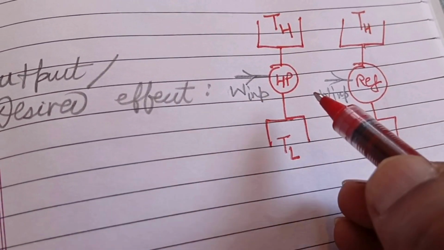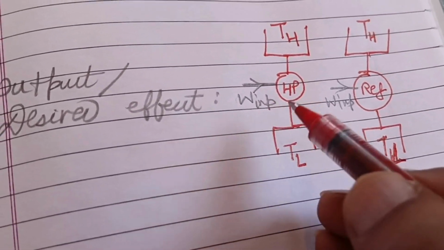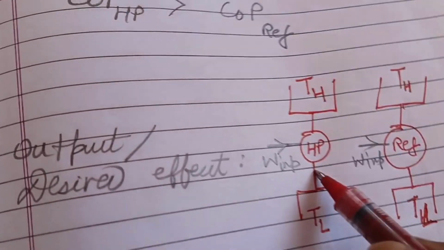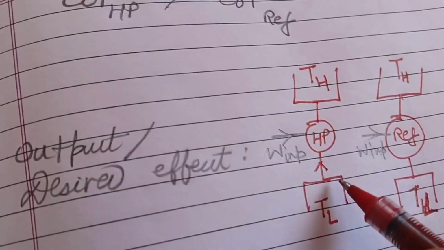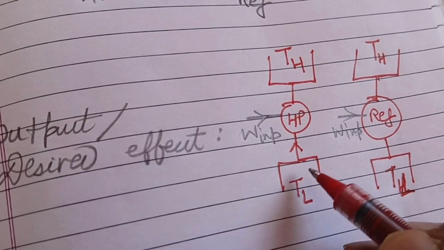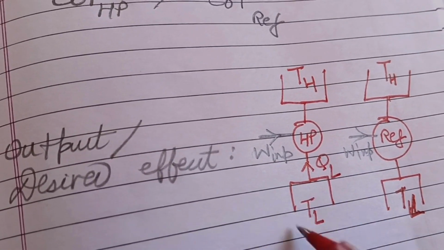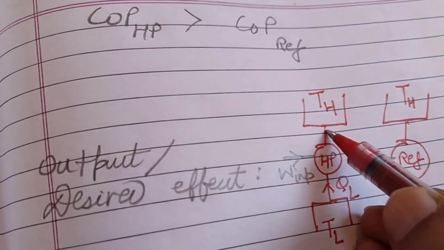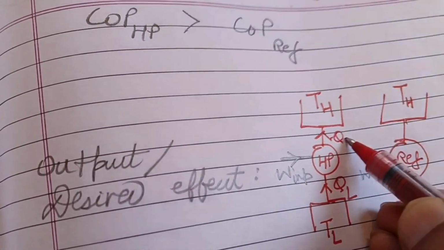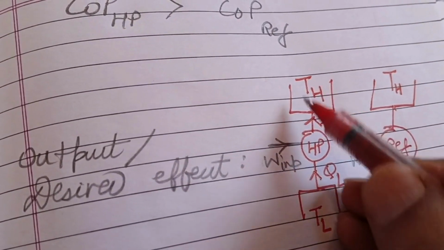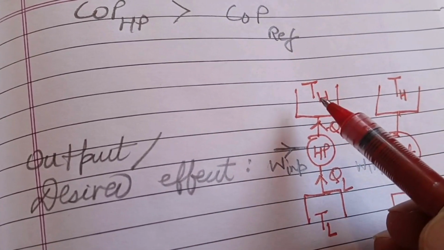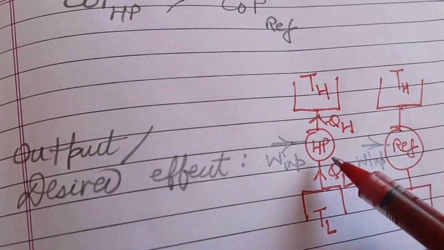Both need work input as energy. Why? Because heat has to be extracted, absorbed from the space maintained at lower temperature. So QL is the heat absorbed from this space, and QR or QH is the heat rejected to this space, because we want heating in this space, and this is the desired effect of heat pump.